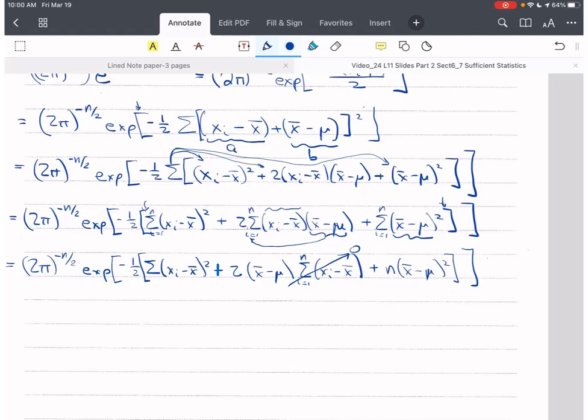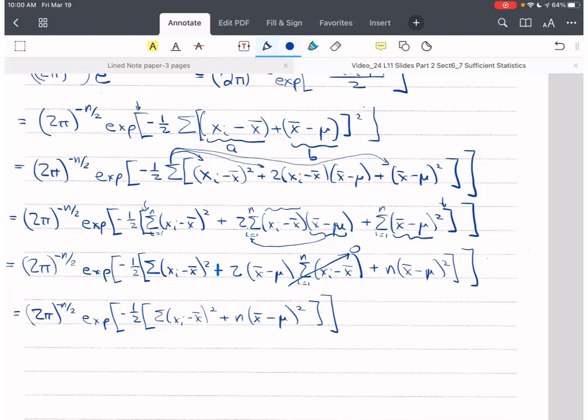And so we're left with (2 pi) to the negative n over 2 exp bracket negative 1/2 bracket sum of x sub i minus x bar quantity squared plus n times x bar minus mu quantity squared. Okay.